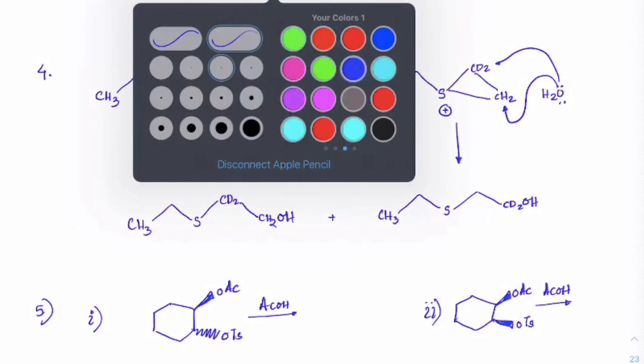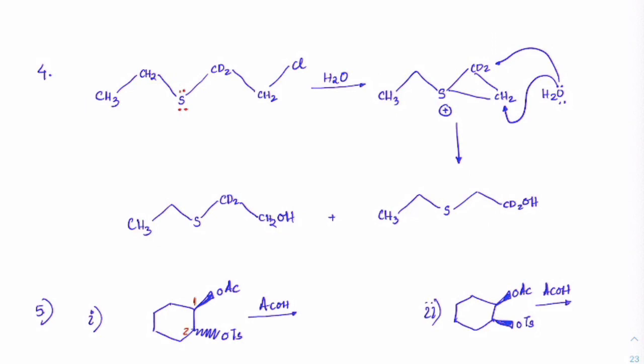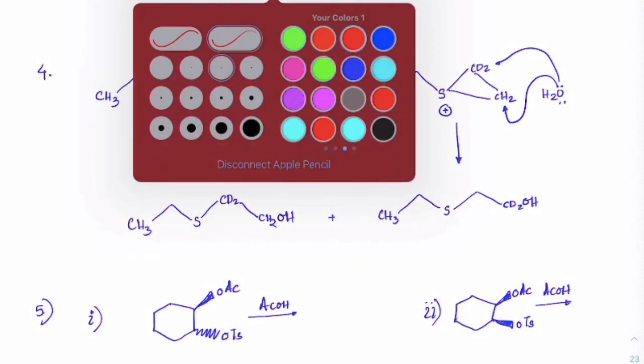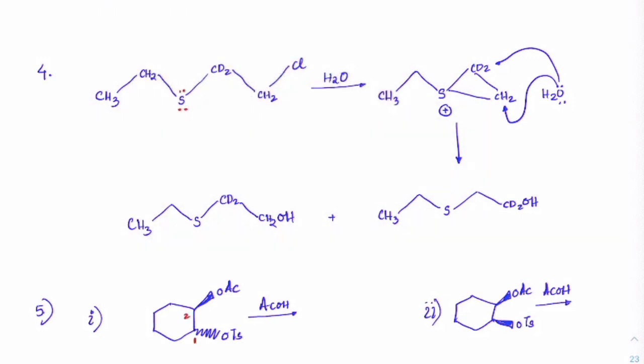Check out the numbering of the carbon. So first, second, third. On the third position, sorry, I've written it upside down. So we could see that first, second, third. On the third position we have the OAc group, and the OAc group is also going to give the anomeric effect. So both should be opposite to each other, or anti to each other, and in the first case it is there, so it will go for SN-NGP.